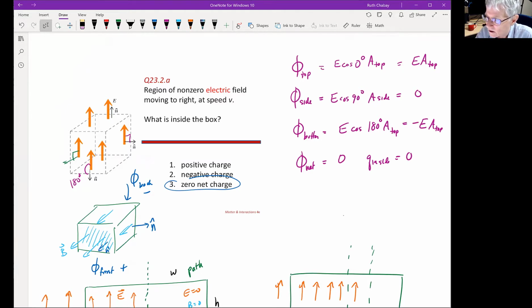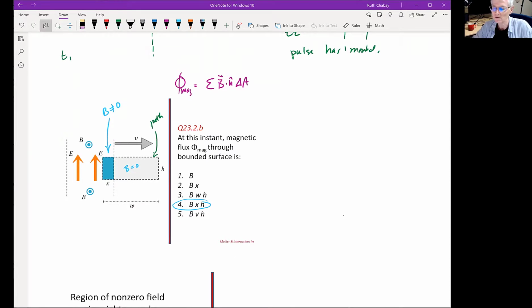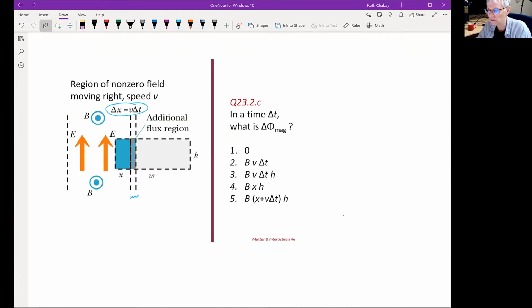So we got positive electric flux on the top, but then we got negative electric flux on the bottom. And so that adds up to 0 if there's 0 charges inside. So this is one of these situations where you have to discriminate between no flux and 0 flux, or no something and 0 something. Yeah, so that's a good question.